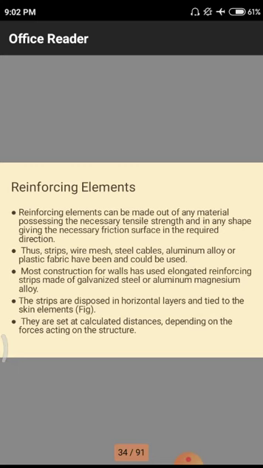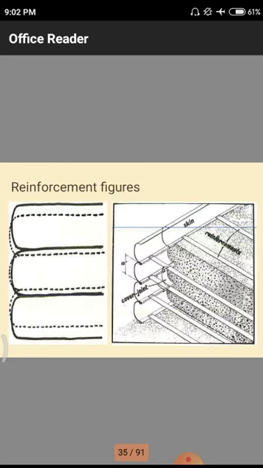Next, the strips are disposed in horizontal layers and tied to the skin elements. The skin elements are connected with these strips, and those strips we call reinforcement. Between each strip and the next we place a layer of earth material, which we compact.